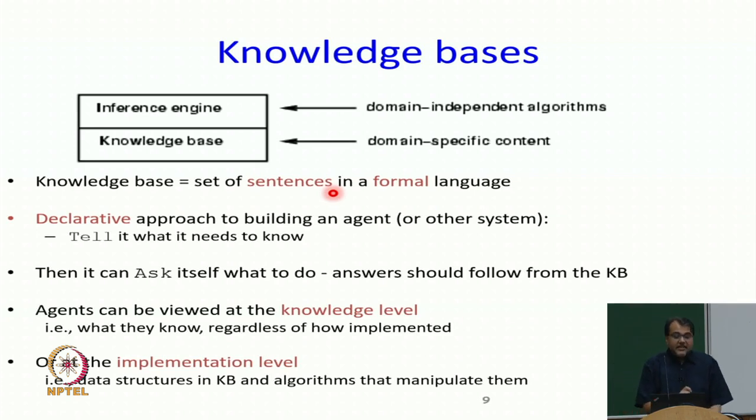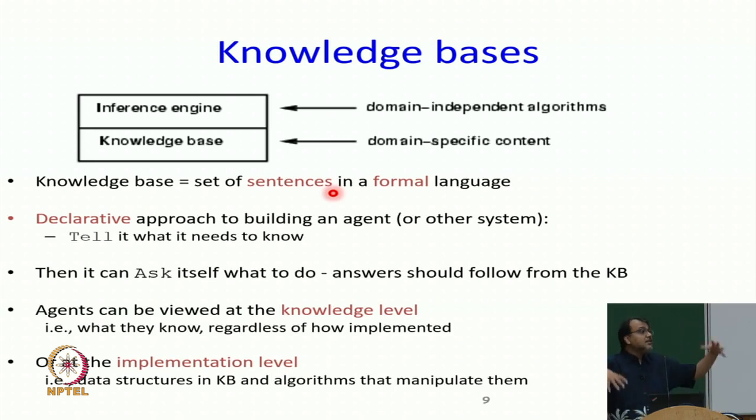Declarative means that I would explicitly tell the system what it needs to know, or what we know about the world so far. We would explicitly tell the system in a logical representation, and all of that would be stored in its knowledge base.